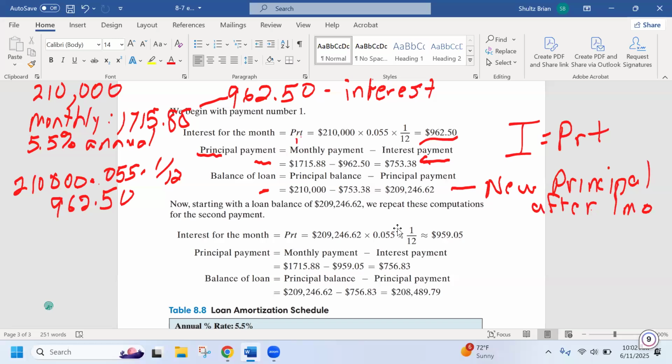Then for my next payment, I still pay the same amount, 1,715.88, but the amount of interest I pay changes because I have a new principal. It's 209,246.52 times my interest rate, 0.055, times 1/12 because I'm paying 1/12 a month.